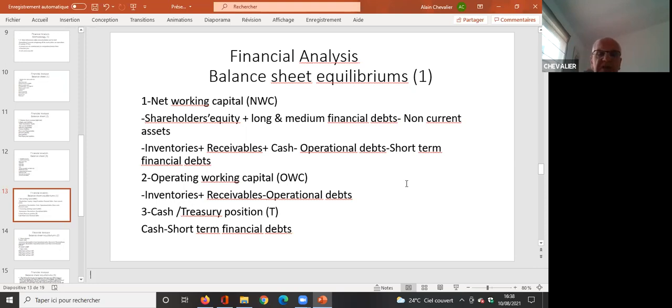The problem is mainly the percentage. What is the percentage of the operating working capital financed by the net working capital? And of course, what is the percentage of the operating working capital financed by the short-term banks?